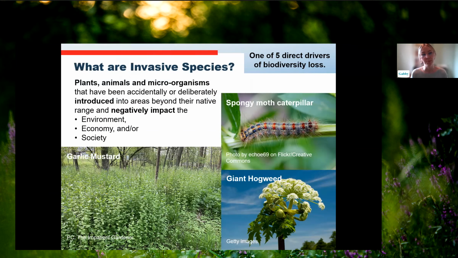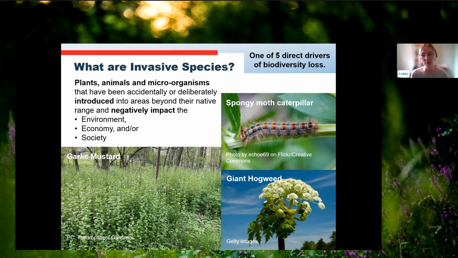Any species can be introduced beyond its native range, but it's the ones that have a negative impact that are considered invasive, and they can impact the environment, the economy, or society, which includes human health. Not every invasive species hits all three of those categories, but when they do, that's when we have some of our worst invasive species on our hands. You'll notice as I go through these invasive plants today, a lot of them hit all three categories for sure.